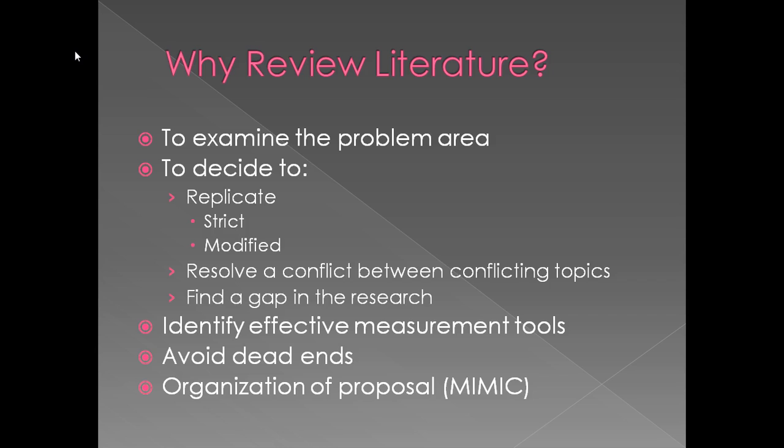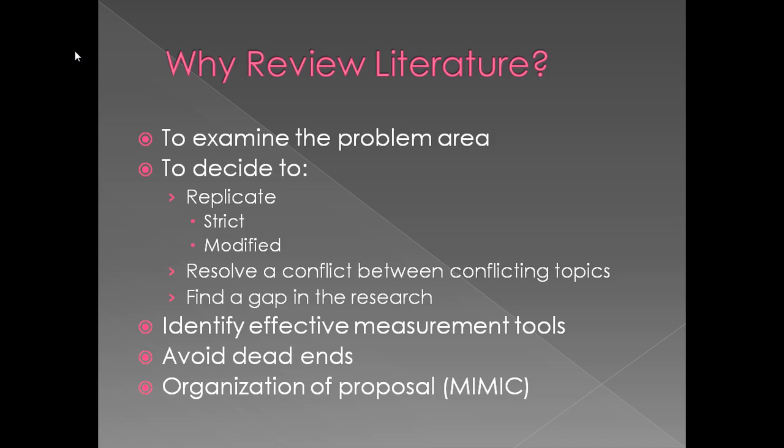You can also decide to replicate a study, either strict replication or modified replication. Modified replication being the methodology tweaked a little bit, whereas strict replication would basically replicate the study that somebody else has already performed to validate the results that they've obtained.